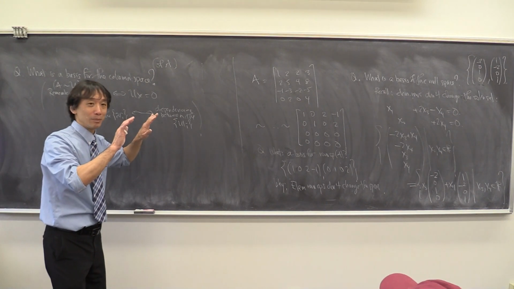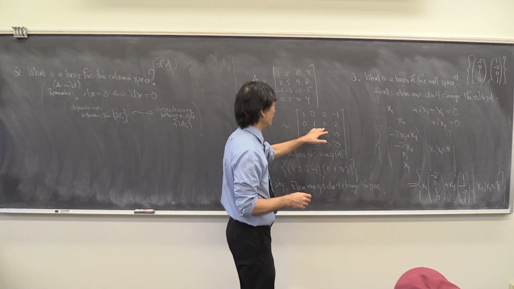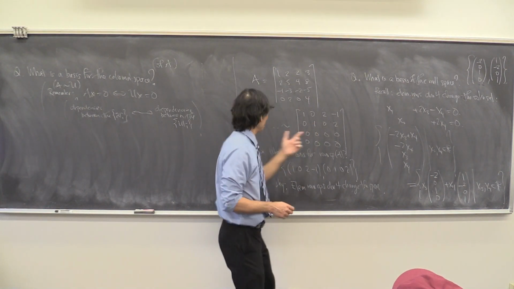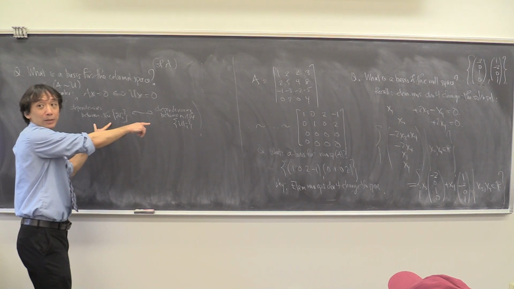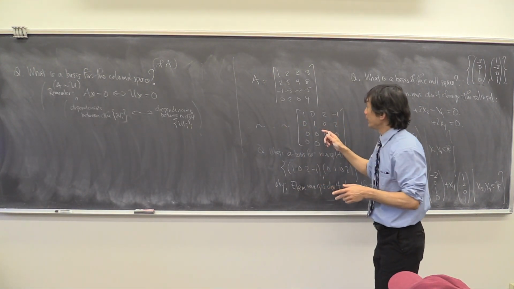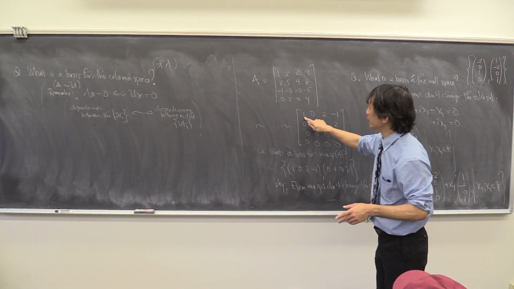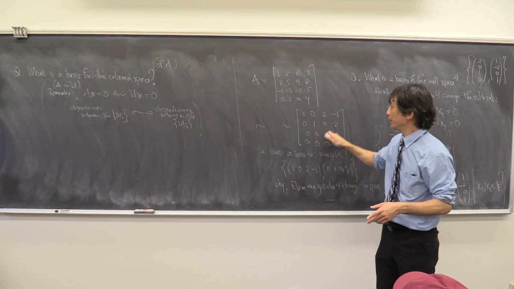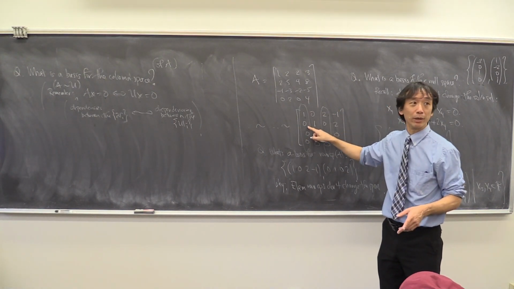So let me explain what's meant by that. This fact turns into a statement about dependencies. What does that mean concretely? Look, this column minus twice this column is 0, right?